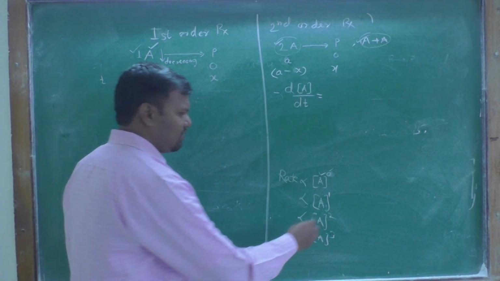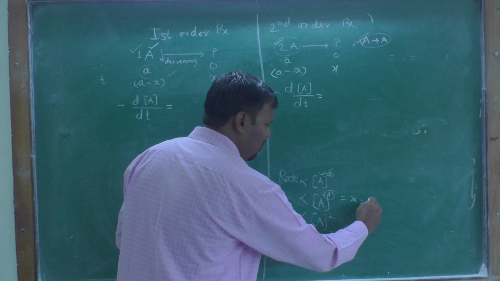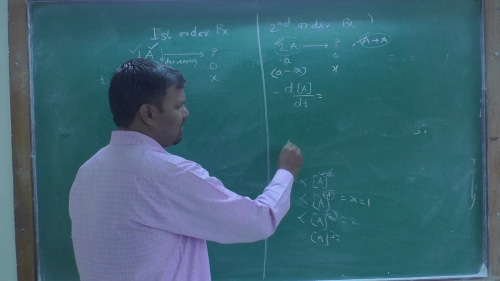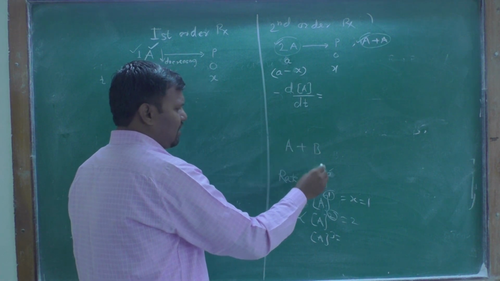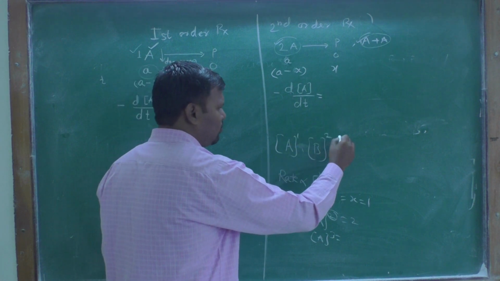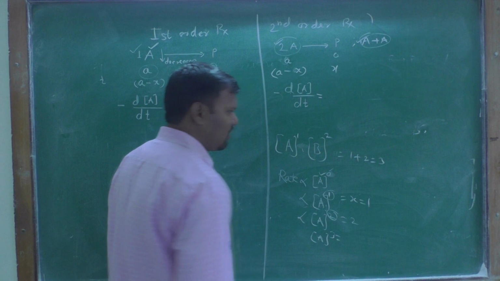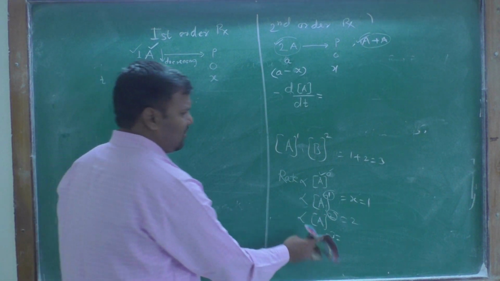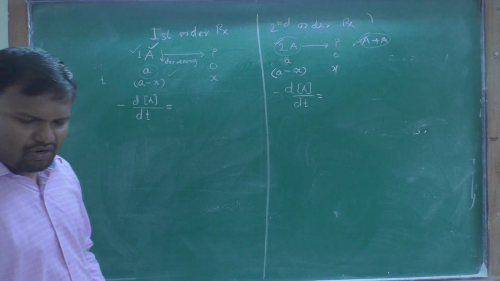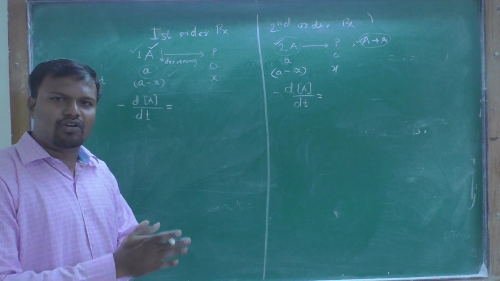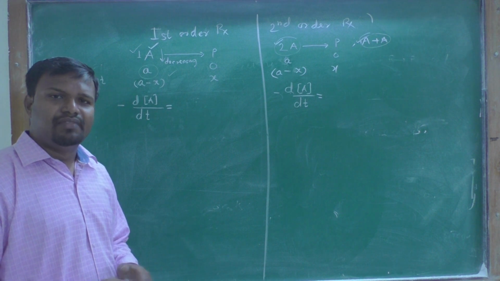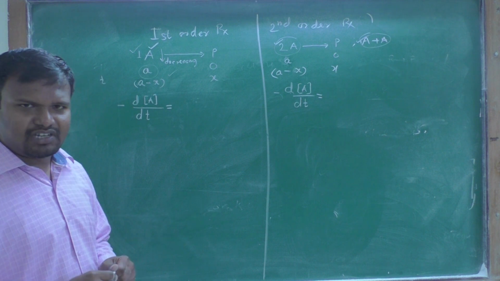If x is equal to 1, the order is 1; if x is equal to 2, the order is 2; x is 3, the order is 3. Suppose A plus B is a third order reaction, if one is 1 and the other 2, then 1 plus 2 gives a third order reaction. Like that we calculate the order of reaction. And the order of reaction, as we previously discussed, is not a theoretical quantity, it is an experimental quantity, remember that.